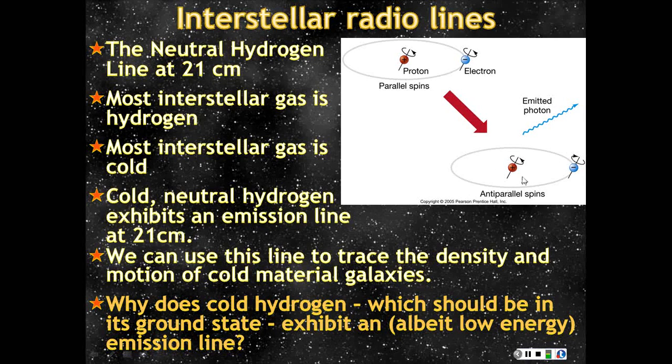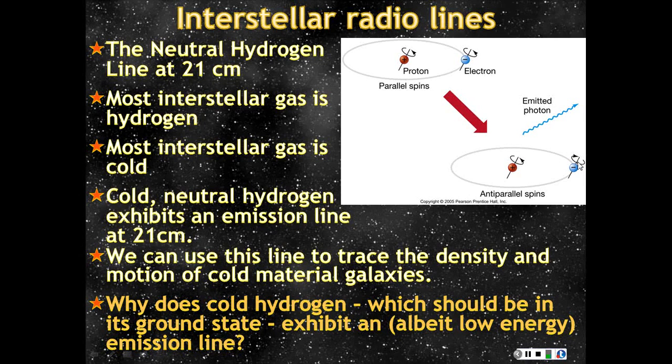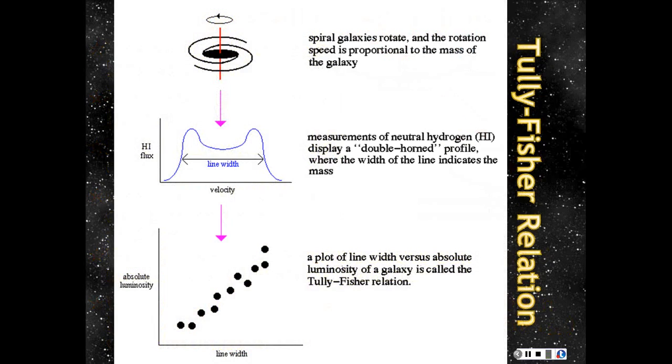The proton is still spinning this way, but now this one's spinning the other way, and that makes it very slightly lower energy. The electrons will spontaneously do this, and so you get a photon emitted. One photon doesn't help you, but there's a lot of hydrogen out there, and so we can see the emission from this hydrogen. So what you get is this spinning disk.